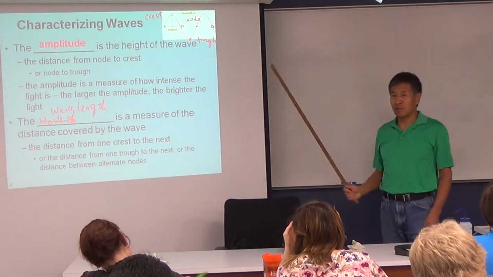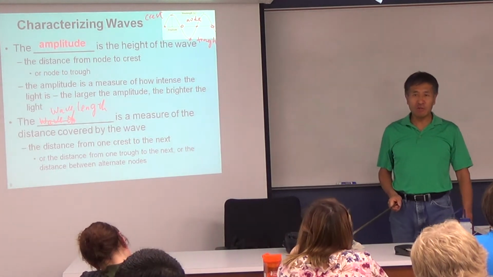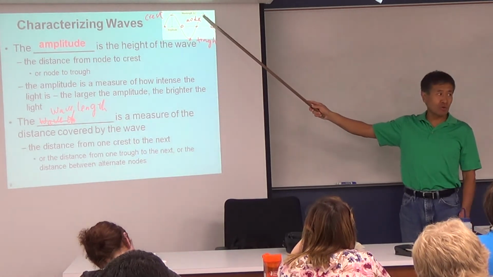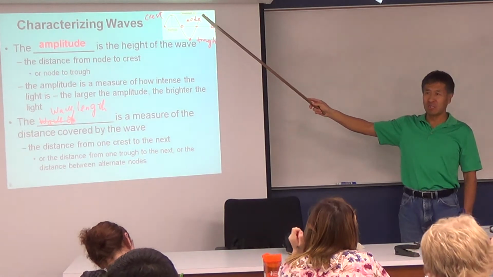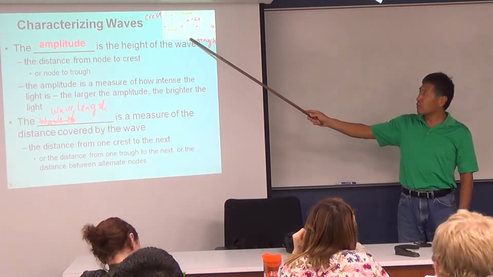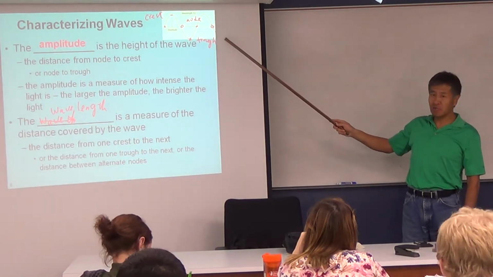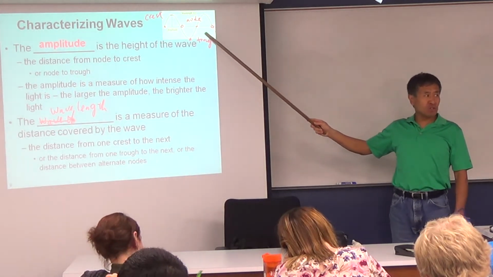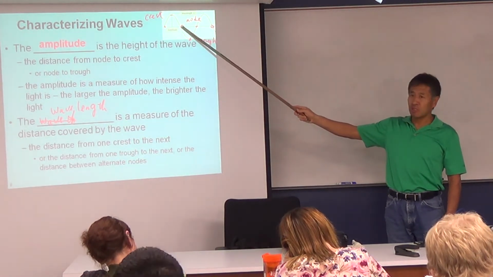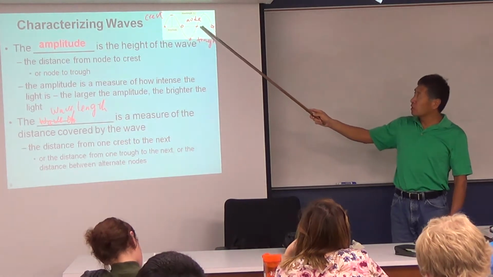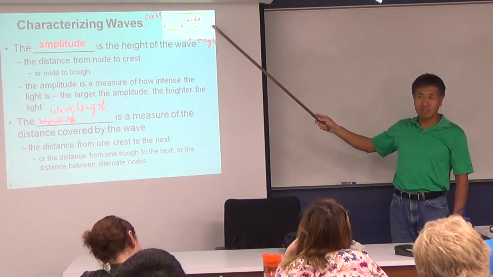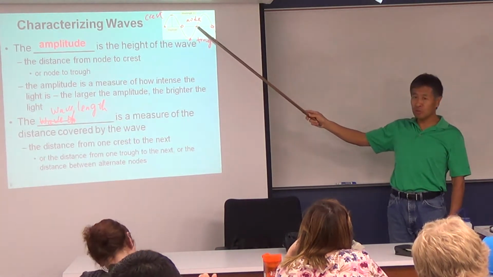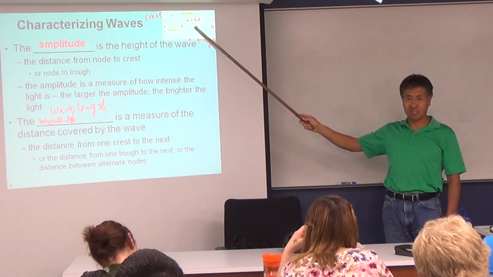What you measure is, for example, from one crest to the next crest, and that's called wavelength. Or you can measure from one trough to the next one. That's the same wavelength. Or you can alternatively measure the node. So measuring from here to here is one wavelength. If you measure from here to the very next node, that will be half of a wavelength.